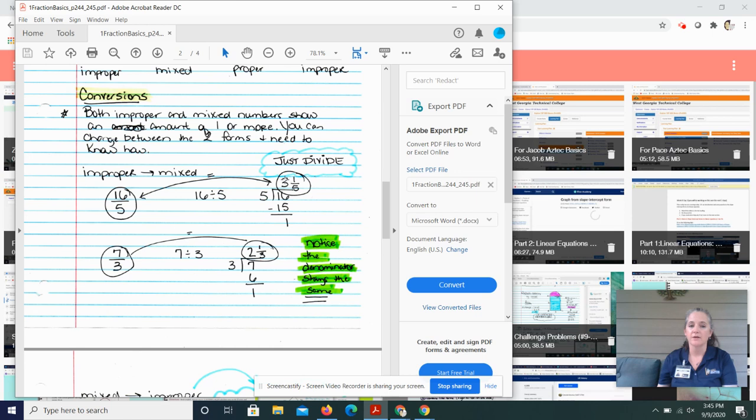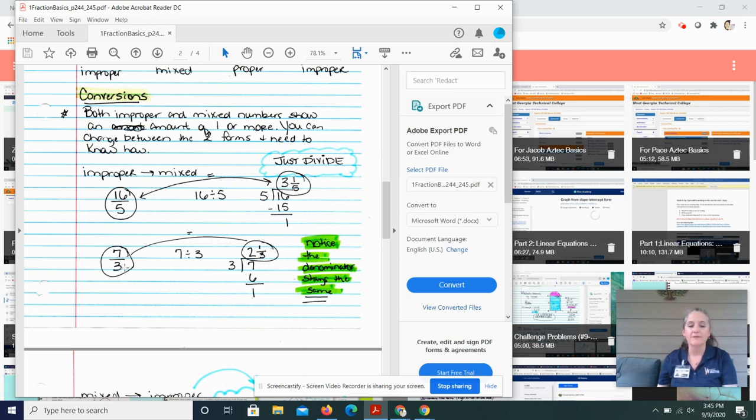You put the 3 there. 3 times 5 is 15. 16 minus 15 is 1. So you have 3 with a remainder of 1. What you do with that remainder is put it on top of that original denominator. So you have 3 wholes and 1/5.